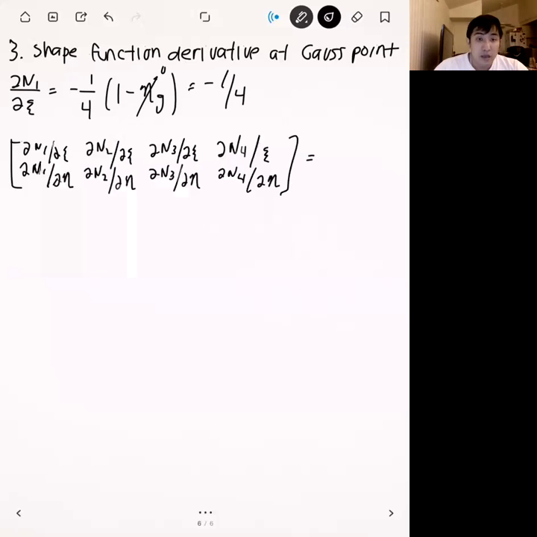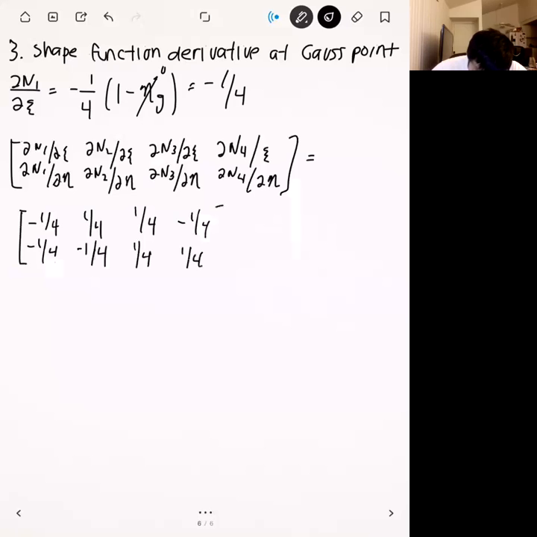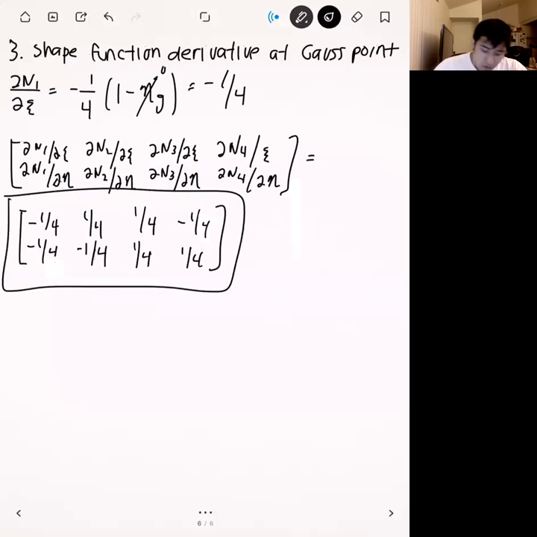So this is simply minus 1/4, minus 1/4, then 1/4, minus 1/4. Those are the N2s. The N3s are both a positive 1/4. And then the N4 is minus 1/4 and 1/4. There's our matrix of shape function derivatives.